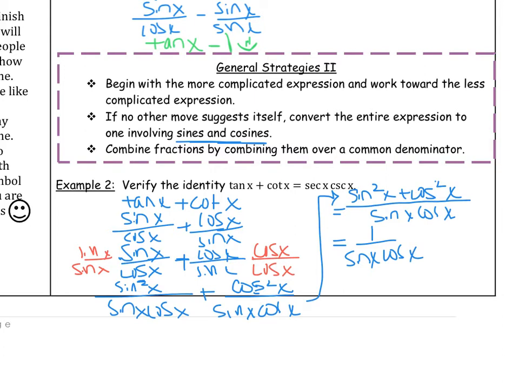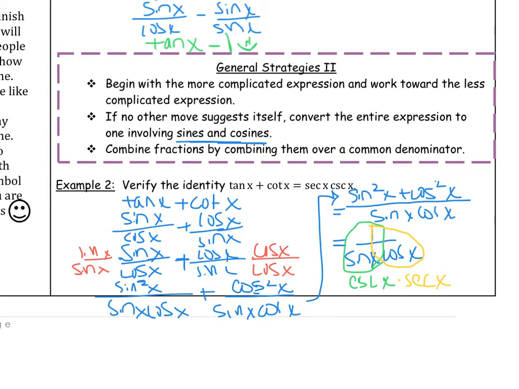So now at this point, it looks like it's pretty simplified, so I'm going to look back to the original equation and notice that the right side of my equation is secant x times cosecant of x. So if I notice the fraction that I have right now, 1 over the sine of x is cosecant, and 1 over cosine of x is secant.